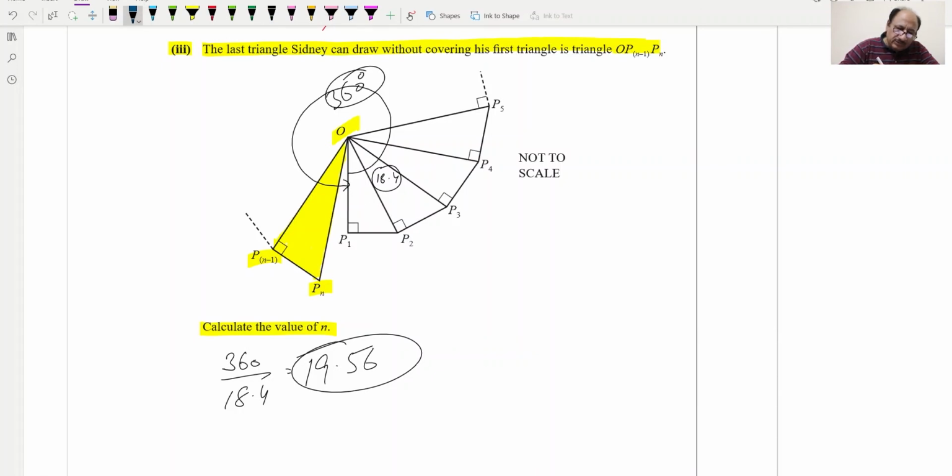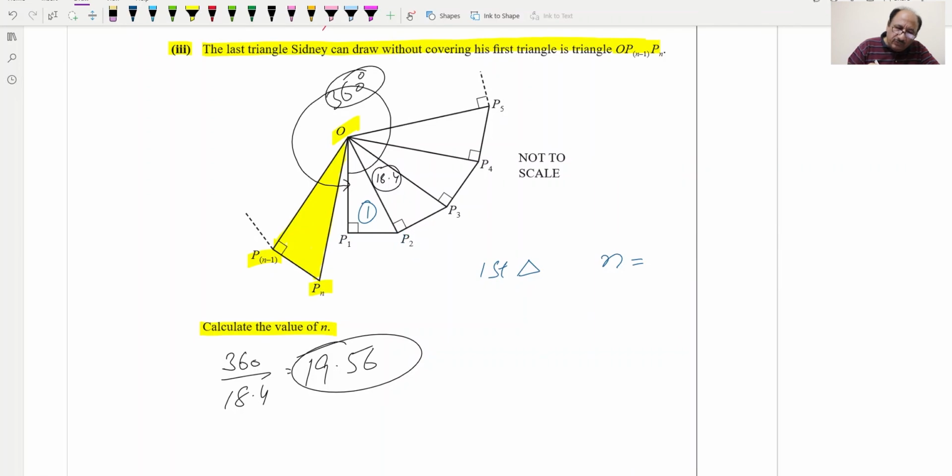Now the first triangle is which one? The first triangle is this one. If we understand like this, for the first triangle n will be equal to 2. You can check this, P2.